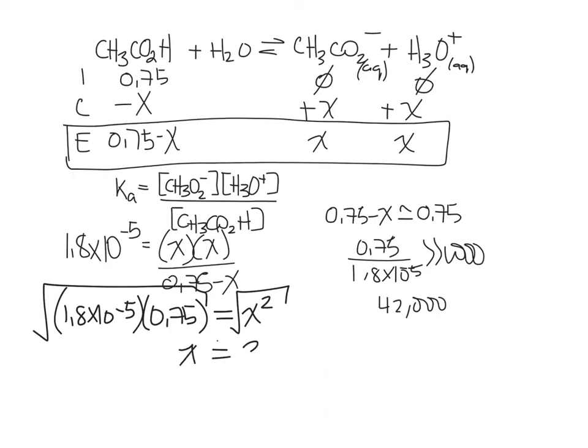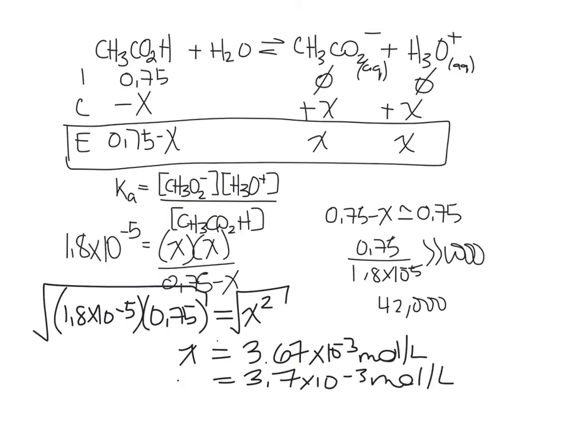And x is 3.67 times 10 to the negative 3 moles per liter. We can have two sig figs in our final answer, so 3.7 times 10 to the negative 3 moles per liter. And x happens to be our hydrogen ion concentration.